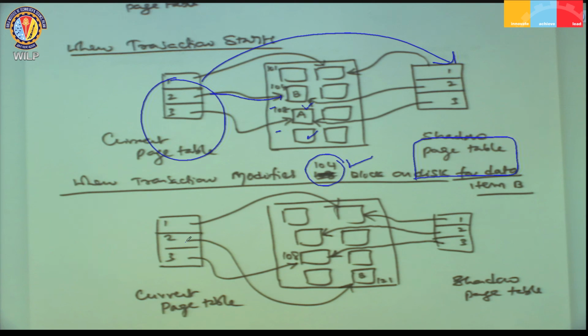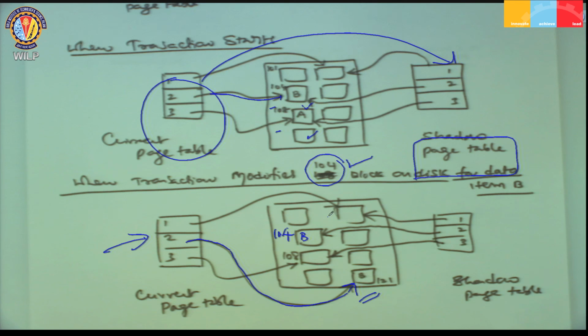Now it will write the modified second page of the database to disk block 121. The disk block 104 still contains the old value of the database. So this is how shadow paging works.